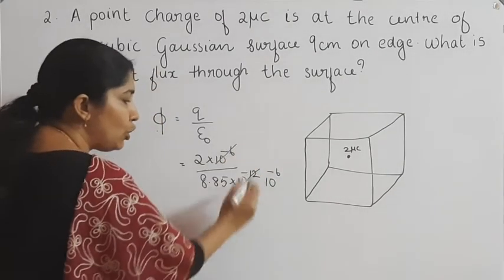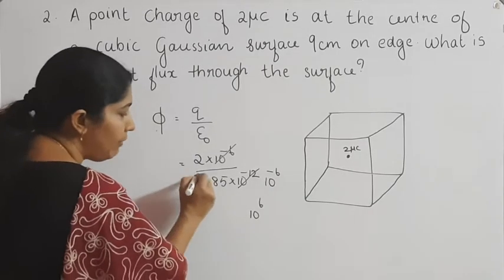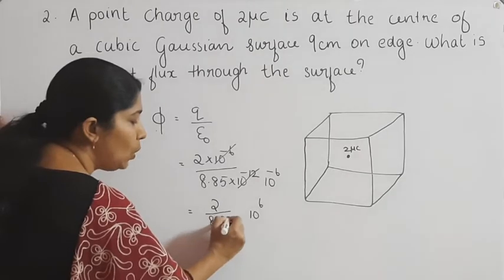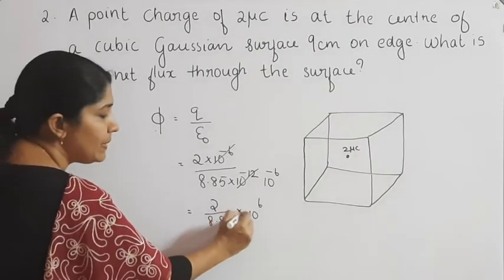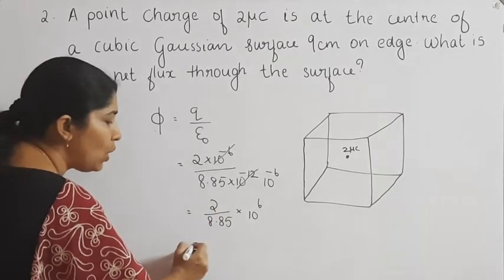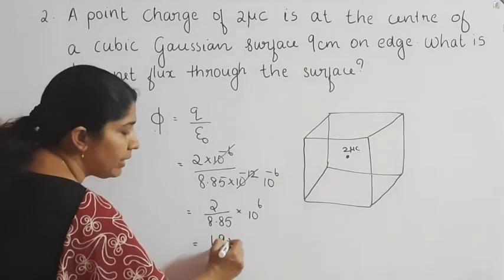When it is taken to the top, it becomes 10 raised to 6. So 2 divided by 8.85 into 10 raised to 6. On solving this, we get 1.9 into 10 raised to 5.